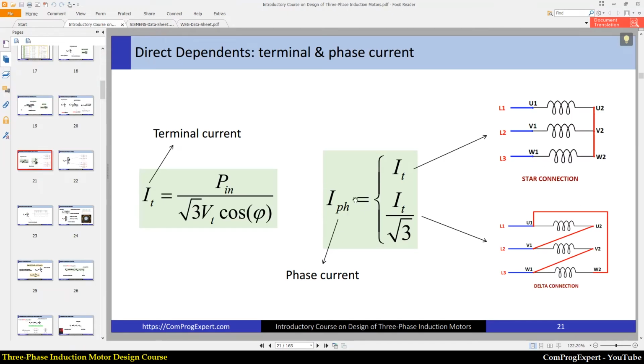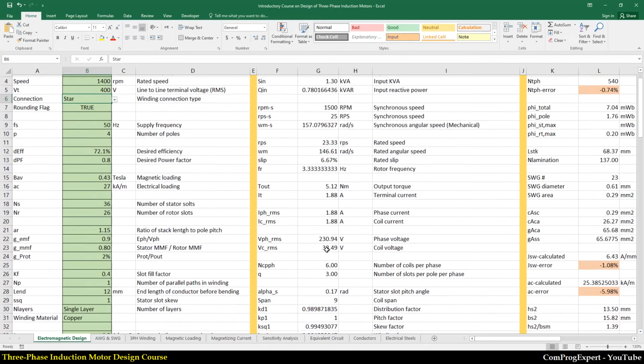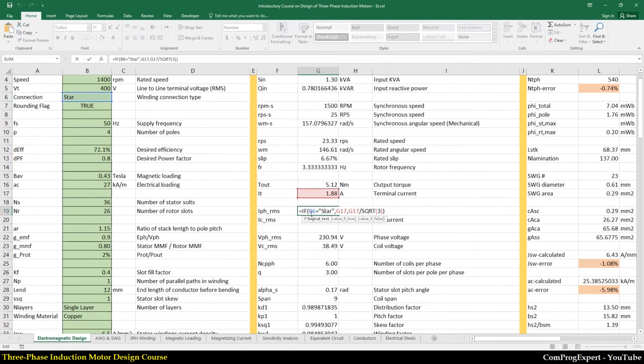The value of phase current is equal to the line current when we have a star connection, and it's equal to the terminal current divided by SQRT of 3 when we have delta connection, right? I implemented this if condition here. This is the phase current, right? If B6 is a star, the phase current is the same as the line current, otherwise is equal to the line current divided by SQRT of 3.